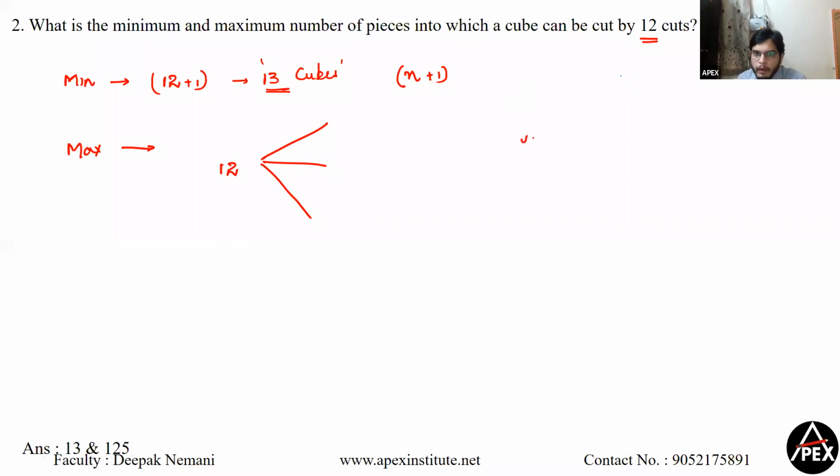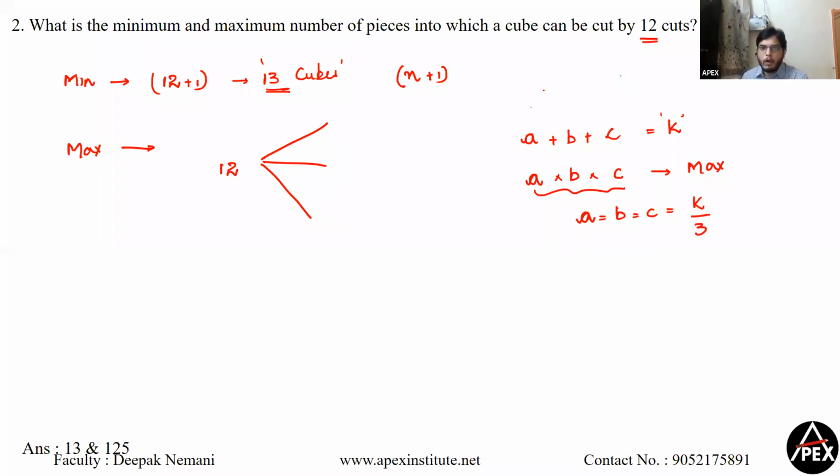For example, if A plus B plus C is equal to K, then the product of A into B into C will be maximum. When will this be maximum? Can someone tell me that? You have an identity in algebra, which you might have studied in your 12th. When A is equal to B is equal to C, that is, A is equal to B is equal to C is equal to K by 3.